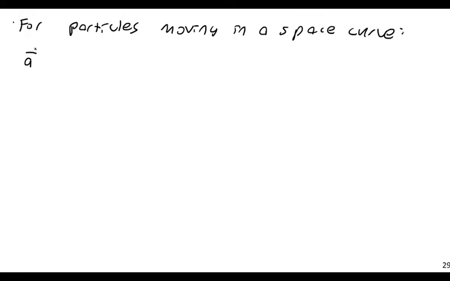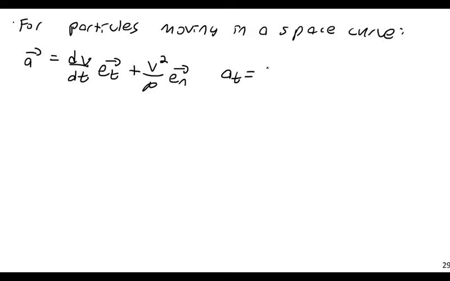Well, the a vector, the acceleration, again, is going to be the same thing, except we'll be doing it in 3 dimensions: dv dt times et, the tangential unit vector. Gotta be careful with my language. Plus v squared over rho en, and at is going to be equal to dv dt, and an is going to be equal to v squared over rho. So vector, scalar, scalar.